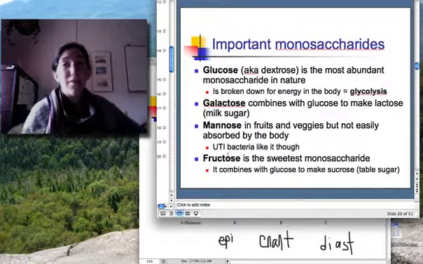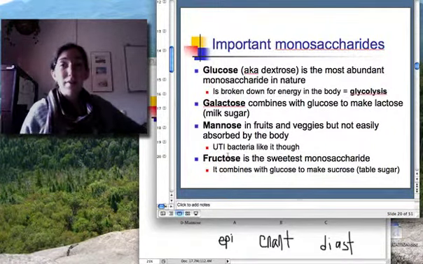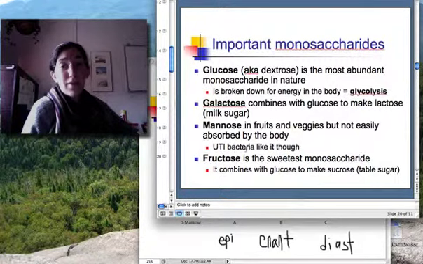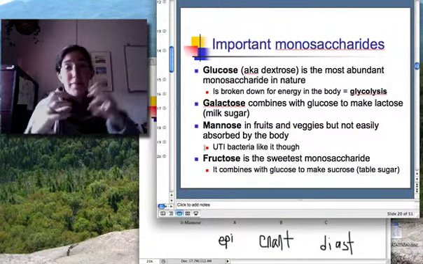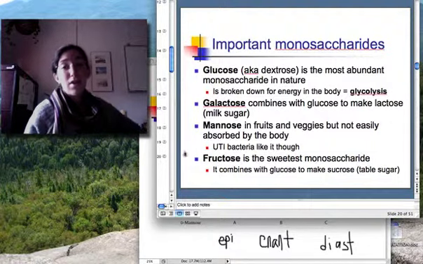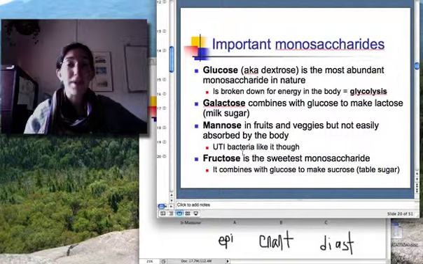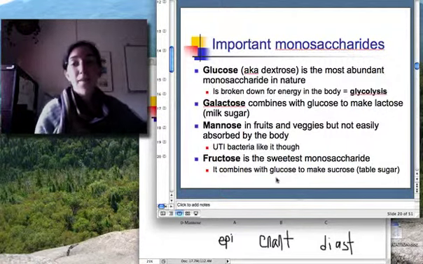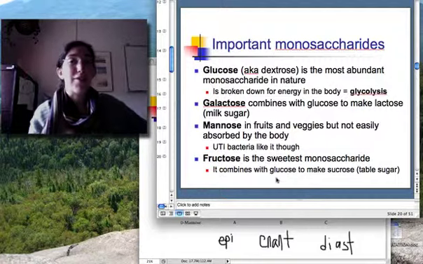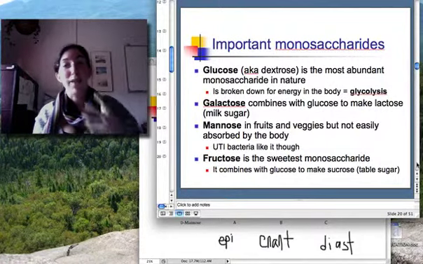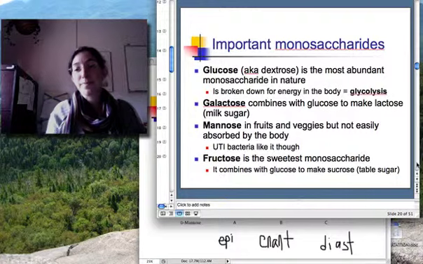The most common added sugar to our food, sucrose, is half glucose and half fructose. It's a disaccharide made up of fructose and glucose. There's also free fructose in our food, in fruits. That's where it gets its name from, fruit sugar, fructose. And it is the sweetest of the monosaccharides, so it's what we really crave when we're craving sweetness.